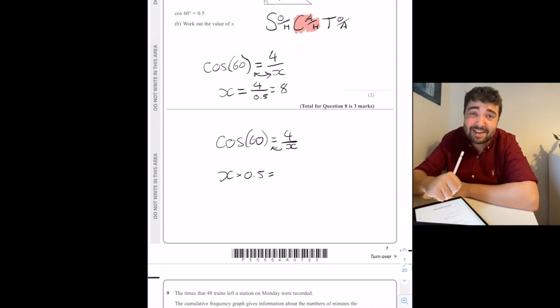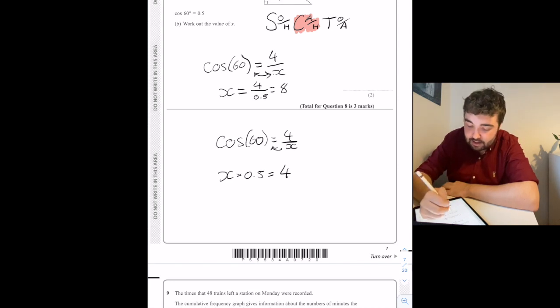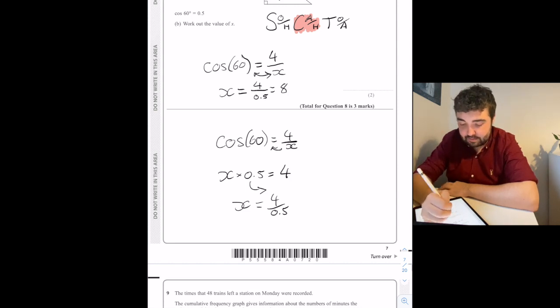I'm sorry, maths teachers. This is how it's got to be. Equals 4. That's what it equals. And then we're going to take the 0.5 over to the other side. So x equals 4 over 0.5, right? So we multiplied up here, and then we divided by that. So we can just swap them.